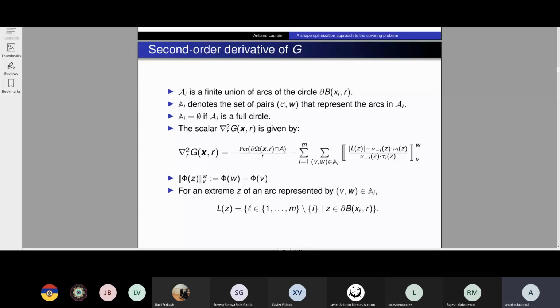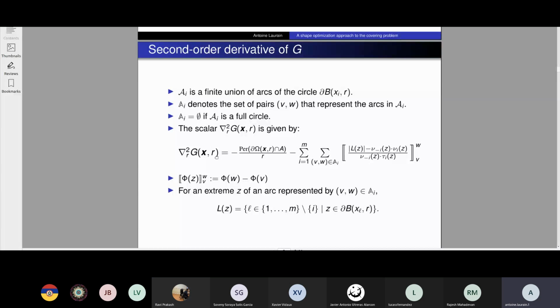So V is the entry point of the arc, and W is the exit point of the arc, if you think in a counterclockwise orientation, all right? Well, we set this. So A_i is really a set of arcs, okay? And the A_i is just the union of the arcs, so it's slightly different.